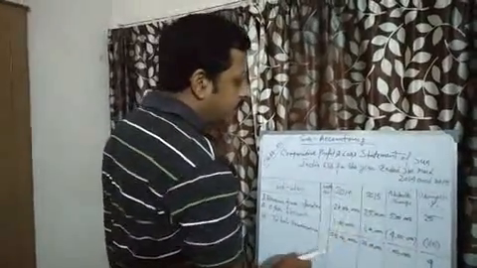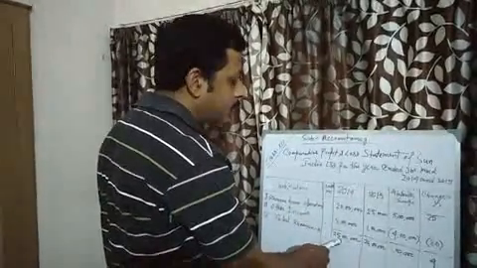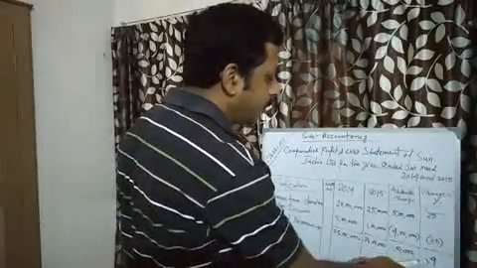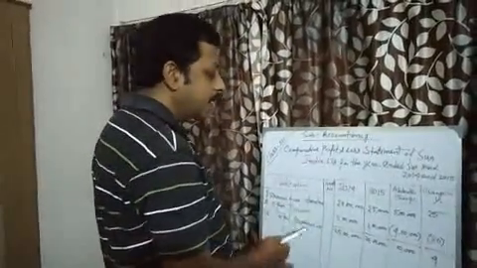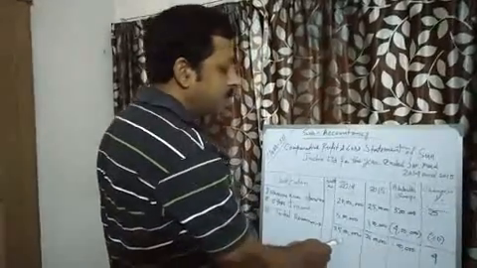The same formula will be applied: 26 lakh in current year, 25 lakh in last year, and absolute change is 1 lakh. So percentage is also calculated in the same way as before, that is 1 lakh divided by base year figure into 100.